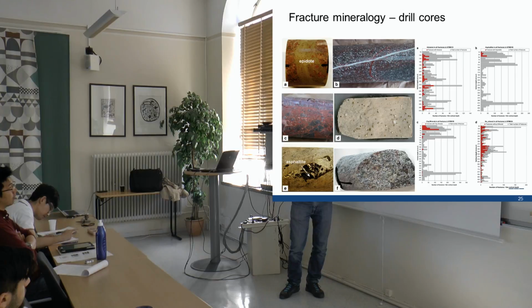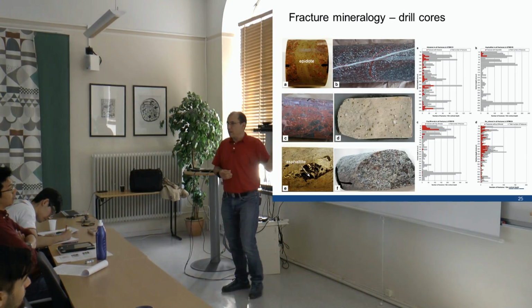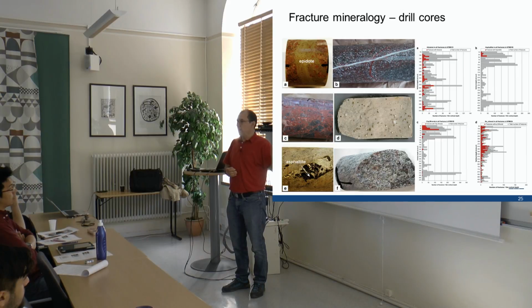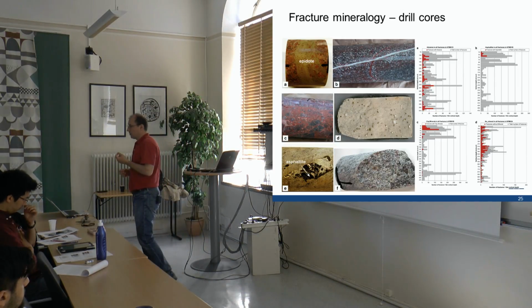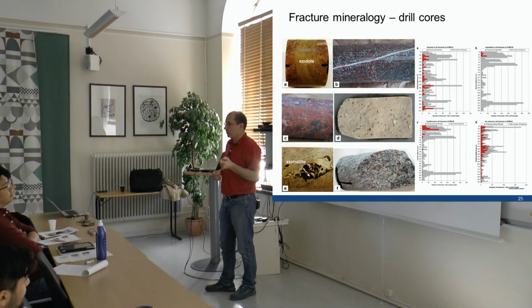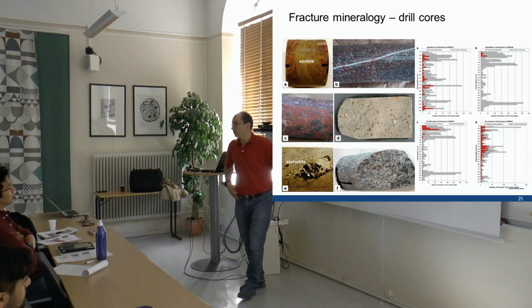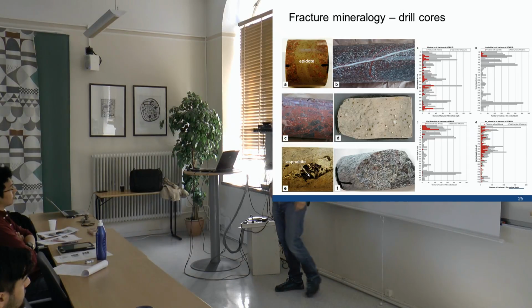This is a clay mineral. Clay mineral is actually not formed originally. It is transformed from something different. It's a weathered product. But to weather something, you need water. So this says that there has been water in these fractures.